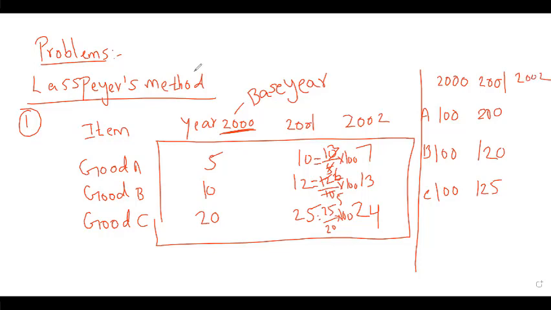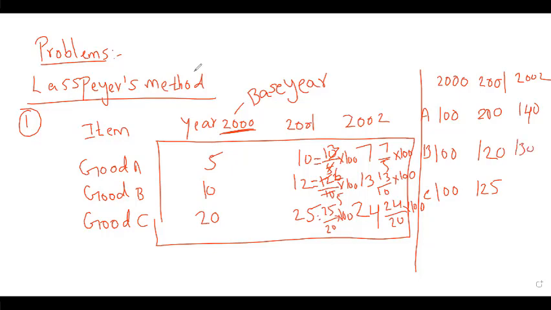Similarly for year 2002, tell me how it will come. 7 by 5 into 100, 13 by 10 into 100, then we have 24 by 20 into 100. First tell me 7 by 5 into 100, what will you get? 140. Then 13 by 10 into 100? 130.